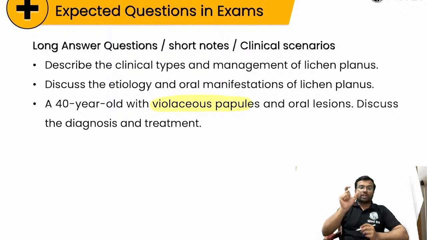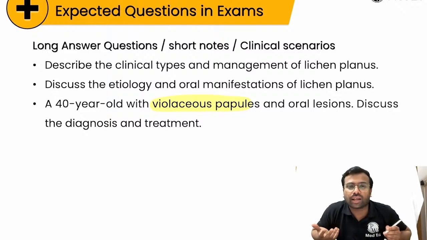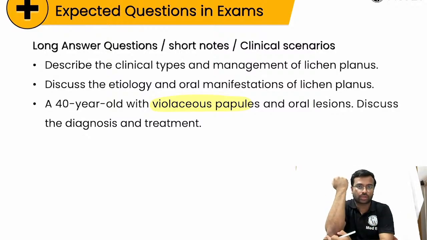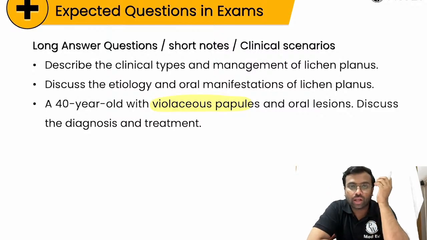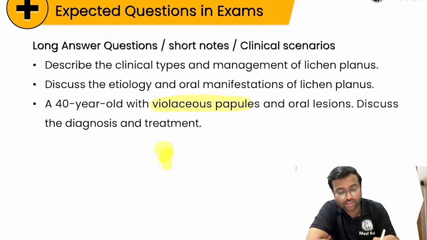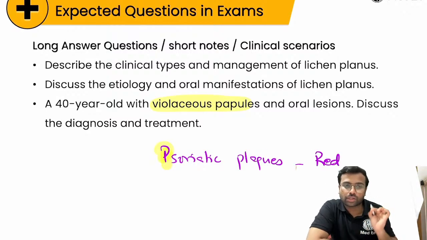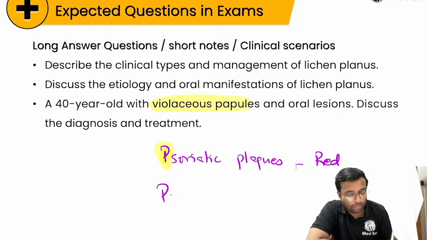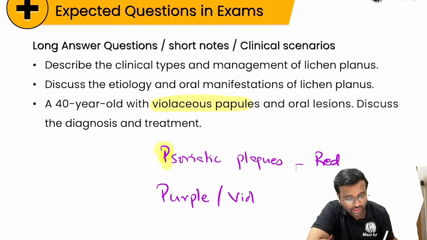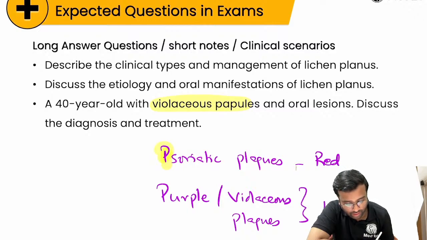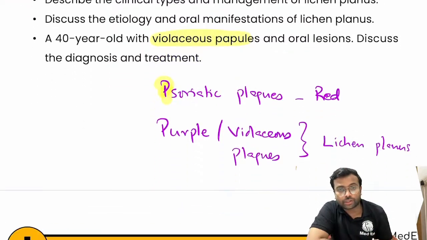Violaceous means which color? Purple color. Now in psoriasis, what did we learn? Psoriatic plaques on the extensor surfaces, what is the color of psoriatic plaques? Psoriatic plaques are red in color. So erythematous plaques mean psoriasis, whereas purple or violaceous plaques mean lichen planus. Remember this point.